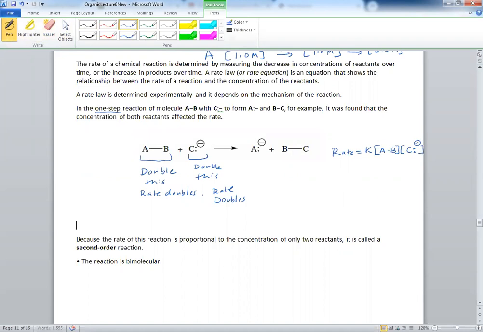And think about it. If you double one of them, you double the reaction rate. If you double both of them, what do you think happens to the rate? It quadruples.